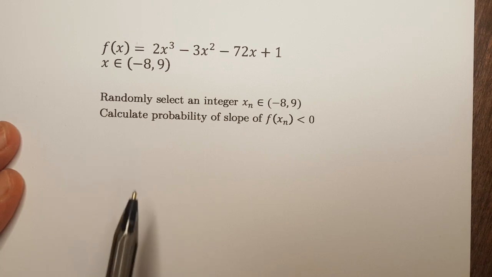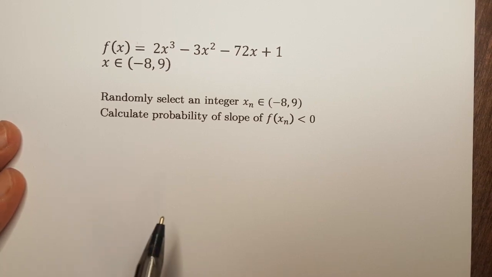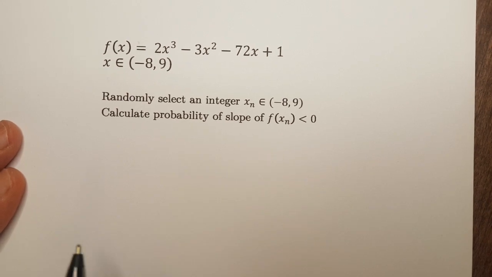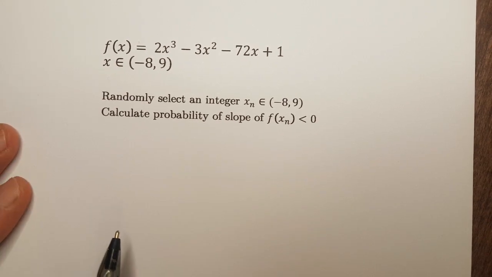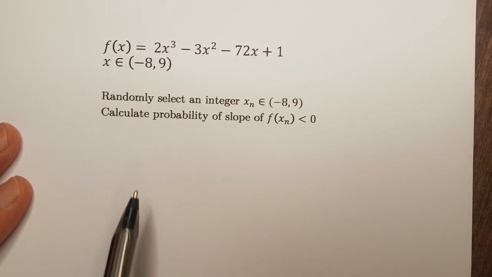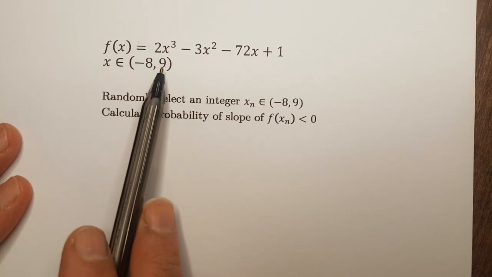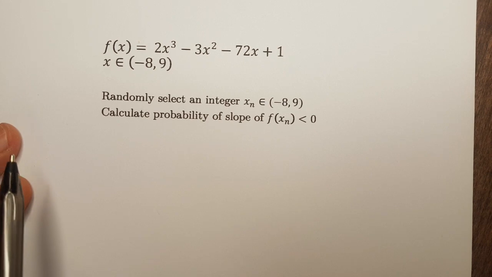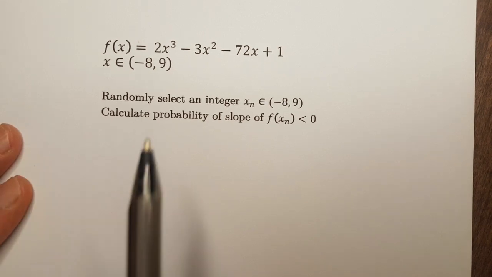being negative? So we know that the slope of a function at a point will be equal to the derivative of that function at that point. Since f(x) is a polynomial and it is continuous within this range, we can take the derivative of x.